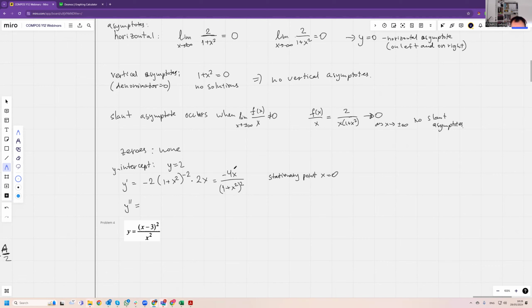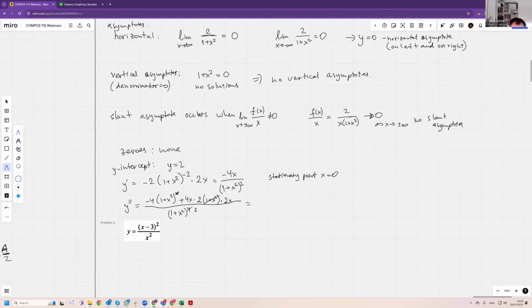And then the second derivative, we got to use the quotient rule now. Minus 4 multiplied by 1 plus x squared squared, plus 4x multiplied by 2, 1 plus x squared to the power 1, multiplied by 2x, over 1 plus x squared to the power 4. All right, that's not a pleasant thing to do, but we can simplify that.